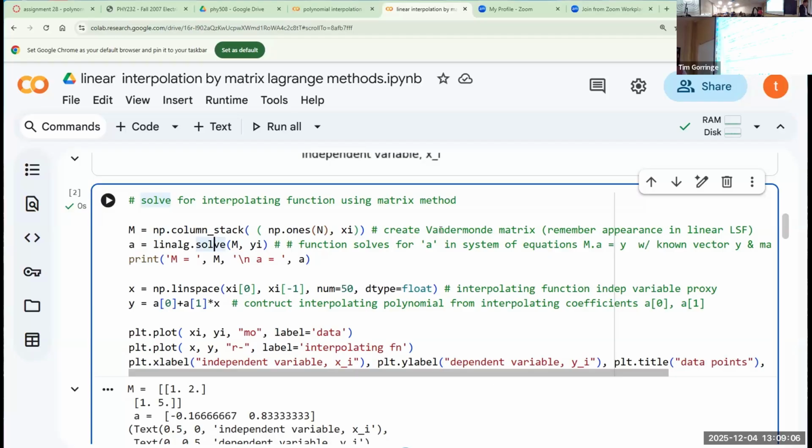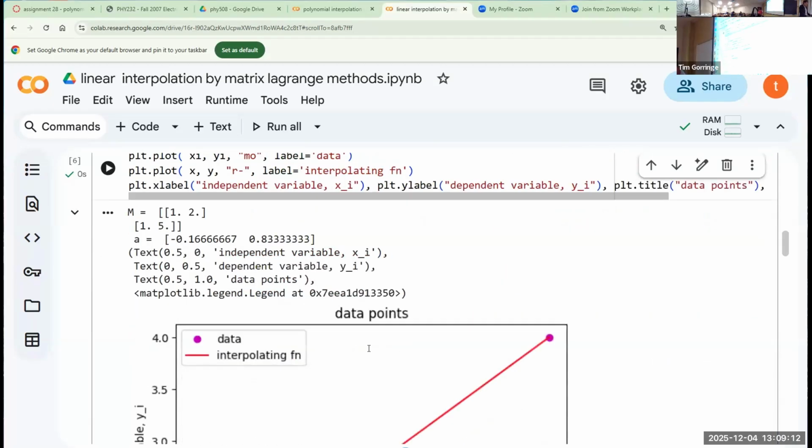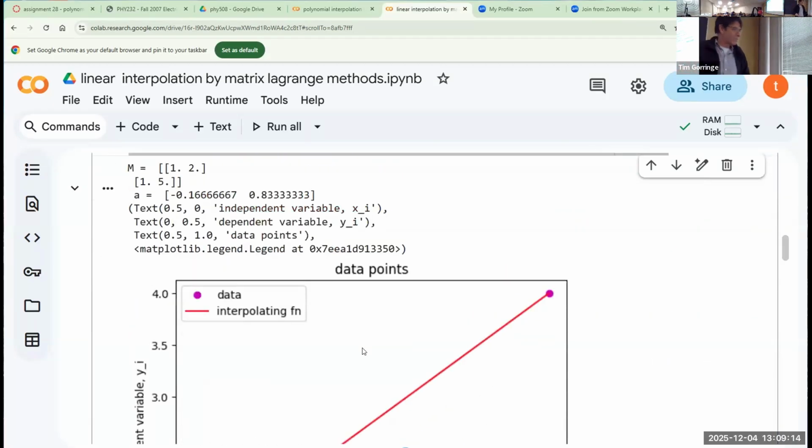Okay, let me run it. Just take a quick look here. I did print out the Vandermonde matrix that we constructed.